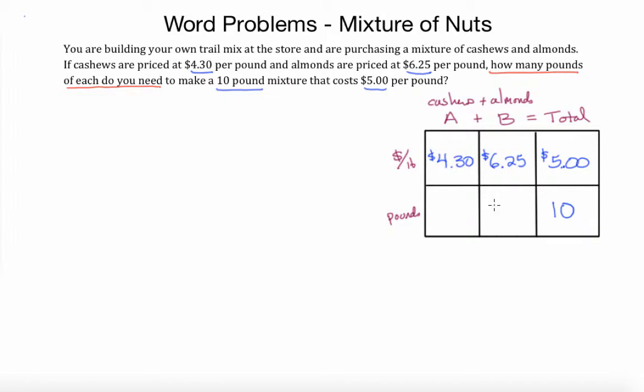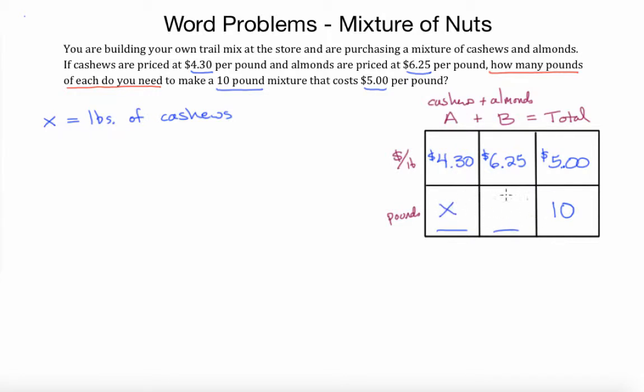All right, so you can see we've got two things we don't know. I need to fill in this square and this square. To define my variable, you just pick one. I'm just going to let x equal the pounds of cashews. All right, now I can put x in there because that's what we defined it to be. x is the pounds of cashews.